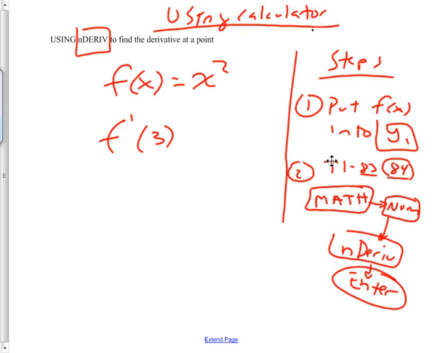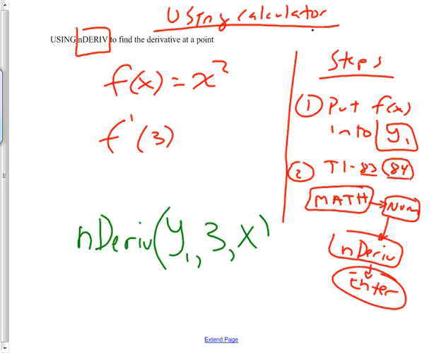The function nderiv says take the derivative, parentheses, and you're going to put y1. What that means is take the derivative of whatever's in y1, and we want to take the derivative when x equals 3, with respect to x.